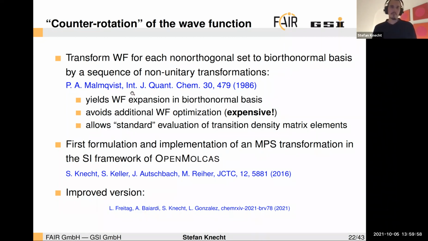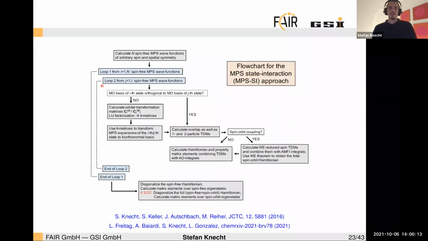And it was actually shown by Per Malmqvist how to do that efficiently. And we have implemented and formulated that for an MPS type of wave function, whereas Per Malmqvist did that for CI type-based wave functions.